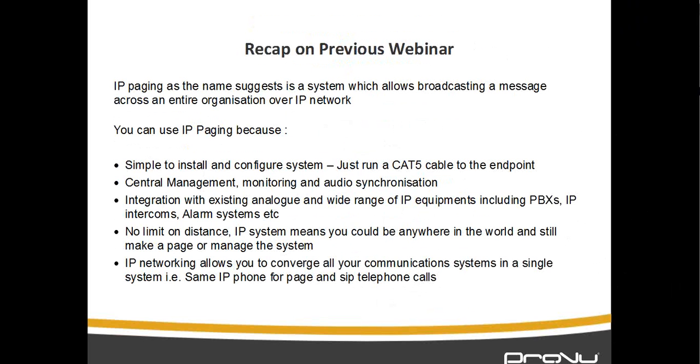So you can do port forwarding, and you can manage the audio and the configuration wherever you are in the world. And obviously, because our audio is going over IP, you do want to synchronize the audio over IP as well. The synchronization is achieved from within the software, so each endpoint plays the sound or the page at the same time. So it's quite useful, the features involved in the whole process.